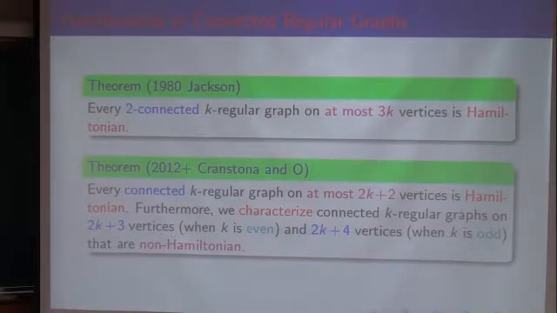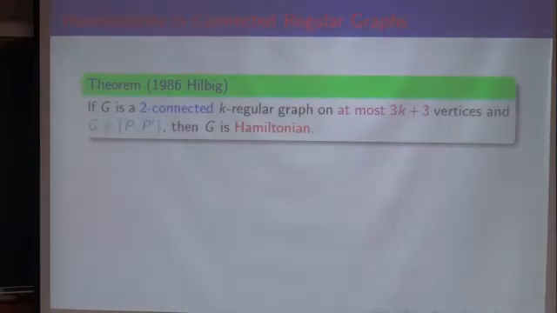So what is the maximum number of vertices in a connected k-regular graph to have a Hamiltonian path? In 1986, Hilbig showed that if G is a 2-connected k-regular graph with at most 3k+3 vertices, so he improved Jackson's bound from 3k to 3k+3.